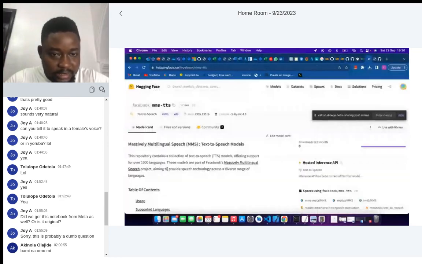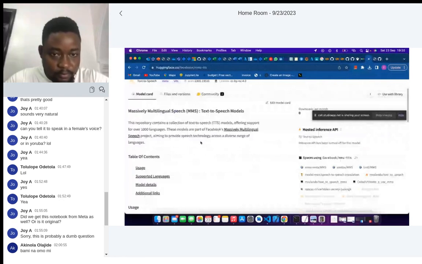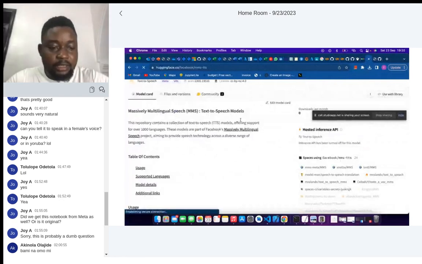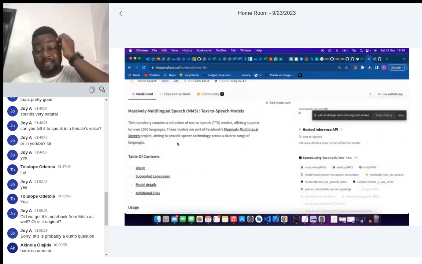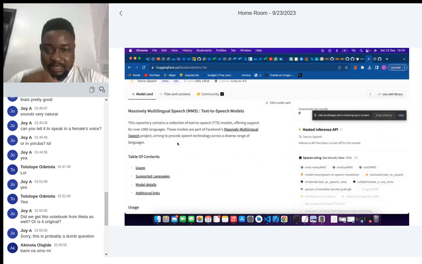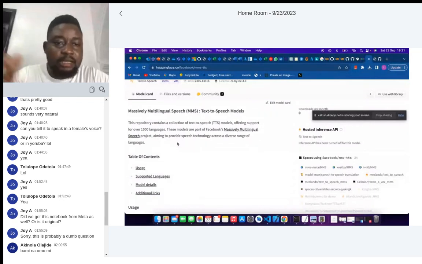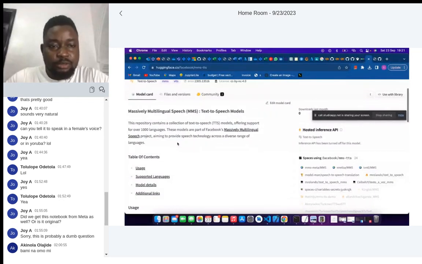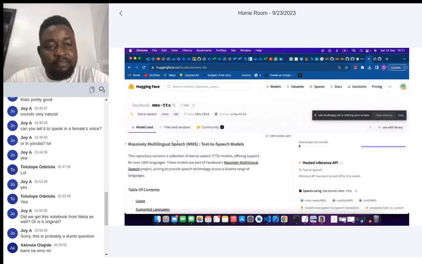I don't think it's stated here, but if you read the research paper, I think it's there: 1,000 hours of audio for most languages. That's why English speaks well, but for other languages, they just scrape as much data as they can use to train.